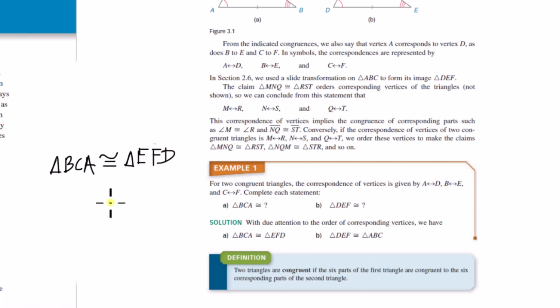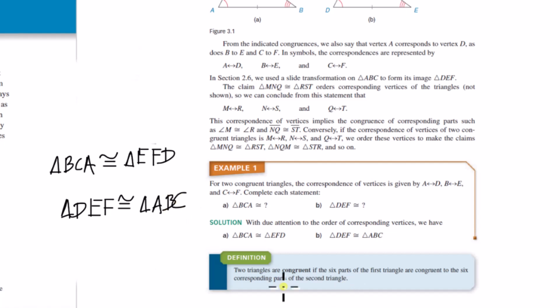What about triangle DEF? Because remember, you can name a figure however you want. Maybe you wanted to name it with the D first. So what would the congruence be in this case? Well, D corresponds to A, E to B, F to C.